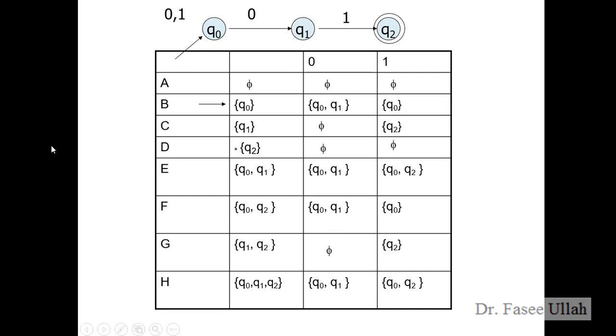Next we have C, okay? So in C we have Q1. If we see Q1, it doesn't do anything because we do not have any loop on this, right? For 0 we do not have any action.